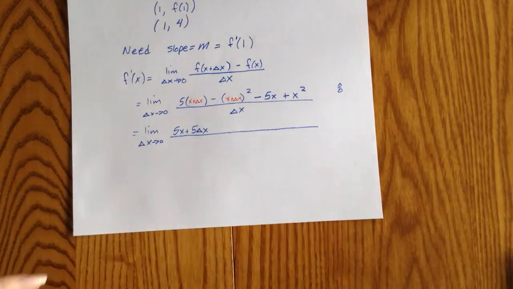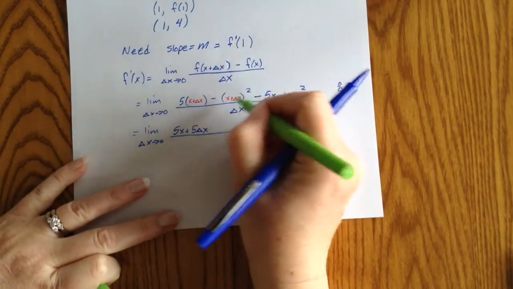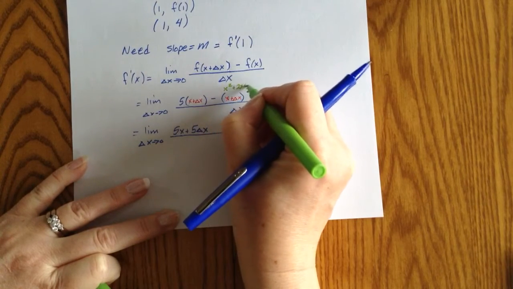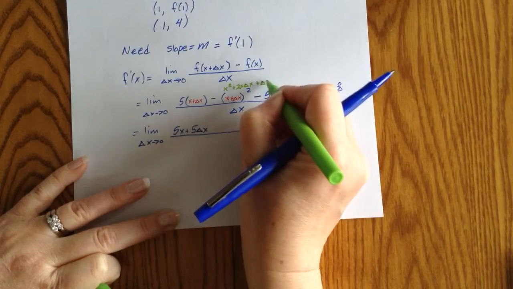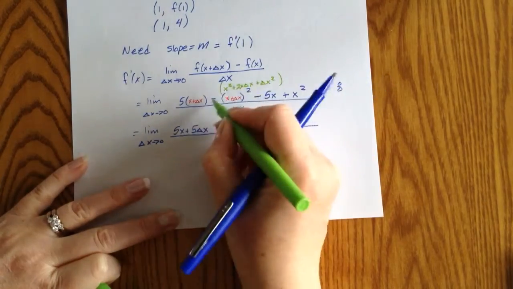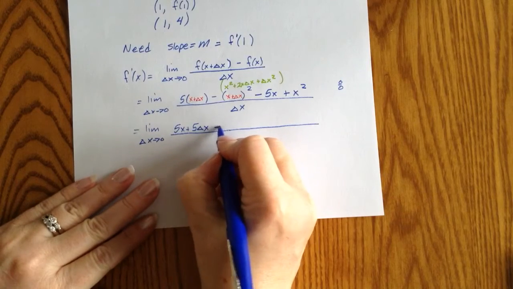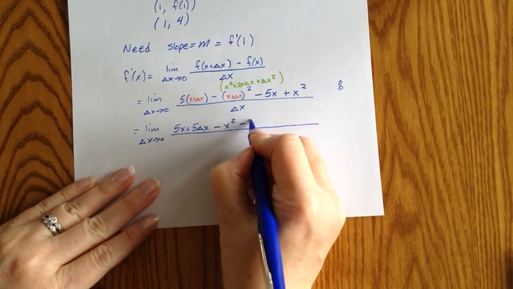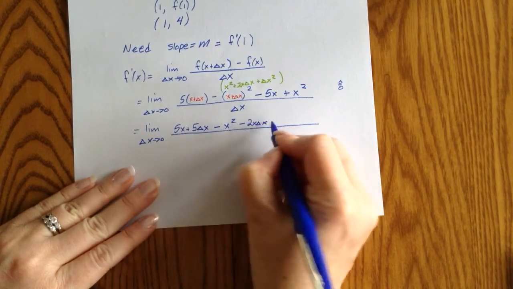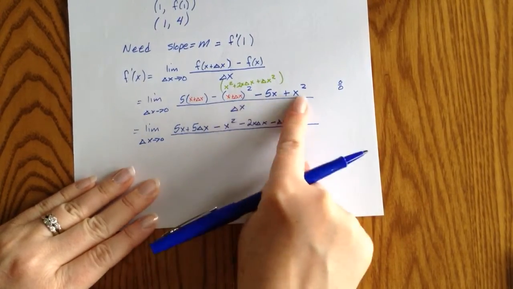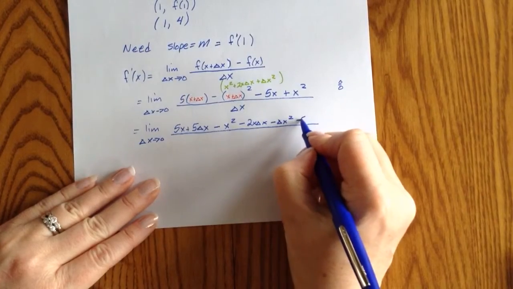If I FOIL this out, it's x squared, 2x delta x, delta x squared. I'm going to distribute the negative to that, so all the terms become negative. So it's minus x squared minus 2x delta x minus delta x squared. That gets me to there. Last two terms, bring them down.